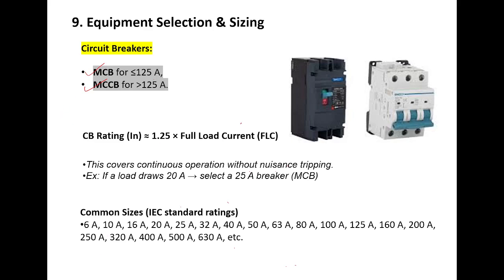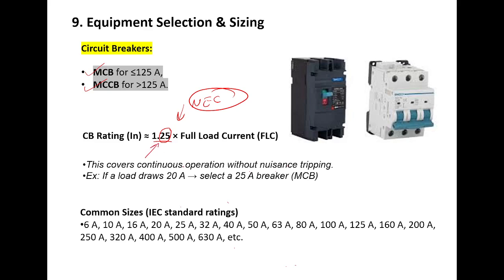Now how to calculate the size of the circuit breaker? Just multiply 1.25 by your full load current, meaning your load current or feeder current. Take only 25% extra, because as per NEC, you should take about 20 to 25% extra size over your conductor.